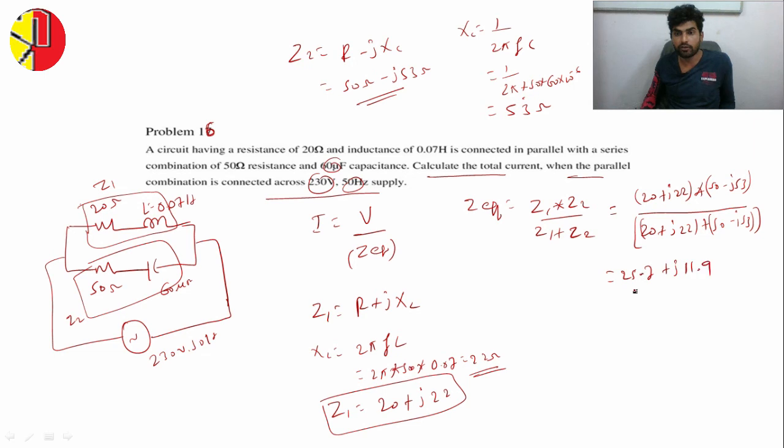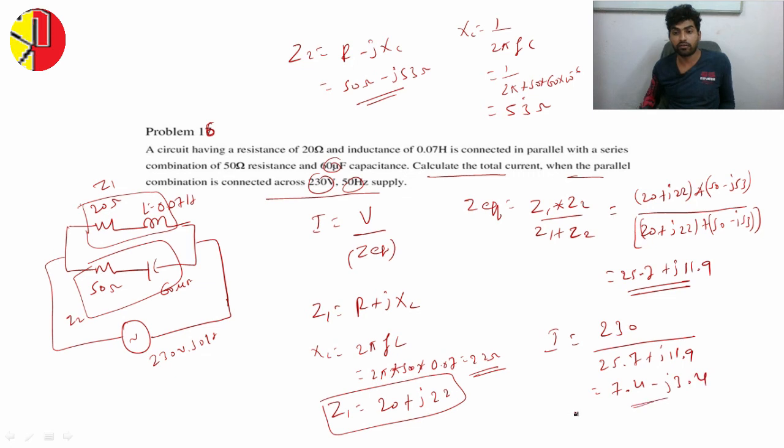Now you calculate I is equal to 230 divided by 25.7 plus J11.9. Finally we got 7.4 minus J3.4. If you convert into polar form, I is equal to 8.13 angle minus 24.9. Use calculator for this calculation.